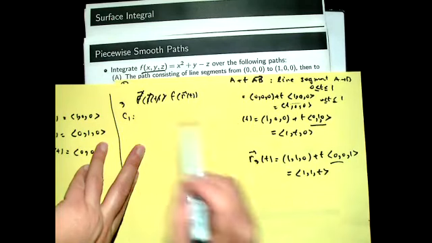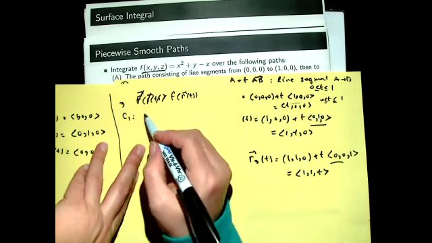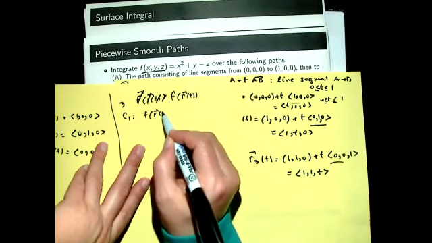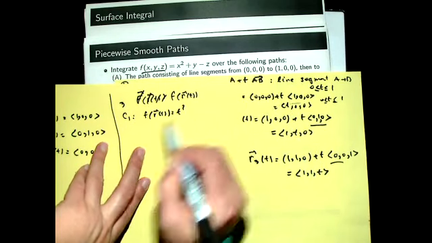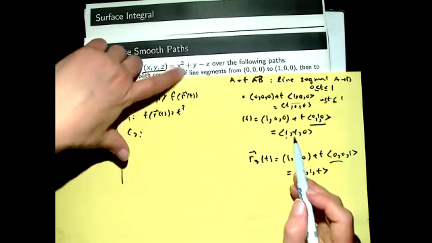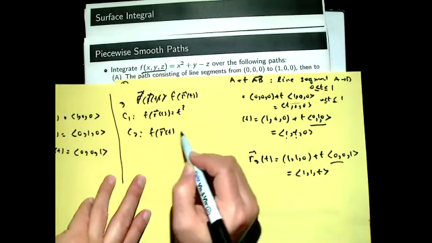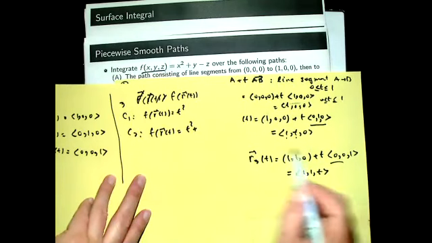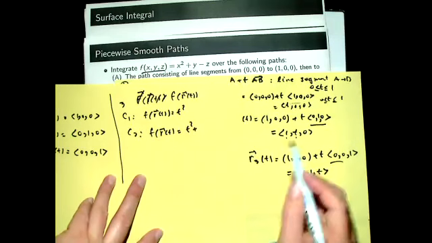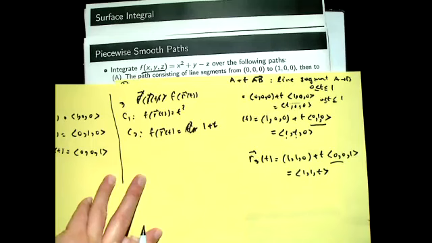F of R(T) is going to be T squared. For C2, it's 1 squared plus T. Did I do it right?